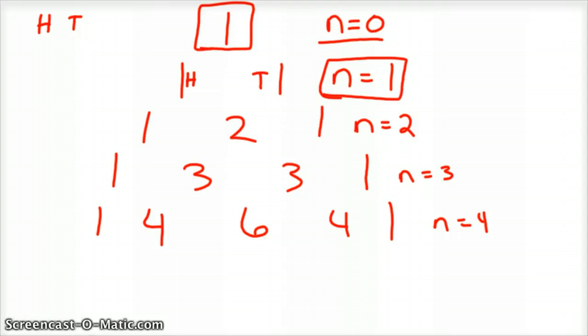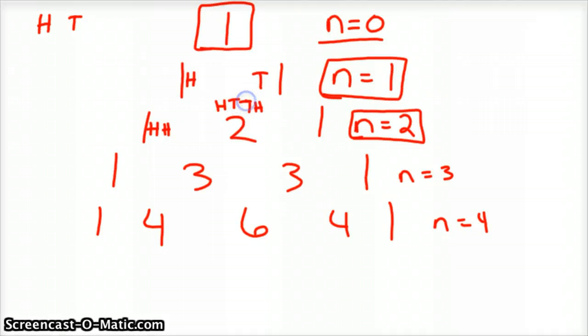For the second row, now we have 2 coins. You could have 2 heads, or a head and a tail, or a tail and a head, or you could have 2 tails. Okay, kind of similarly to the bee. So we're going head if you go down and left, tail if you go down and right.